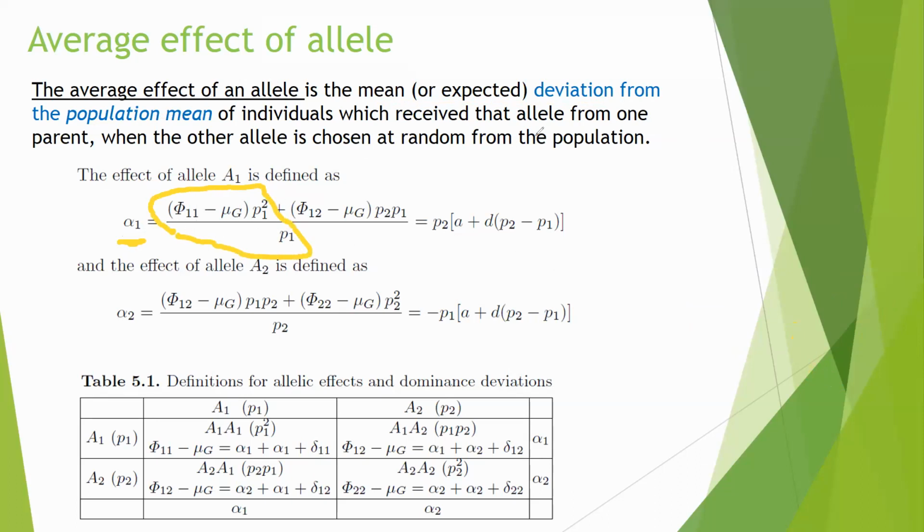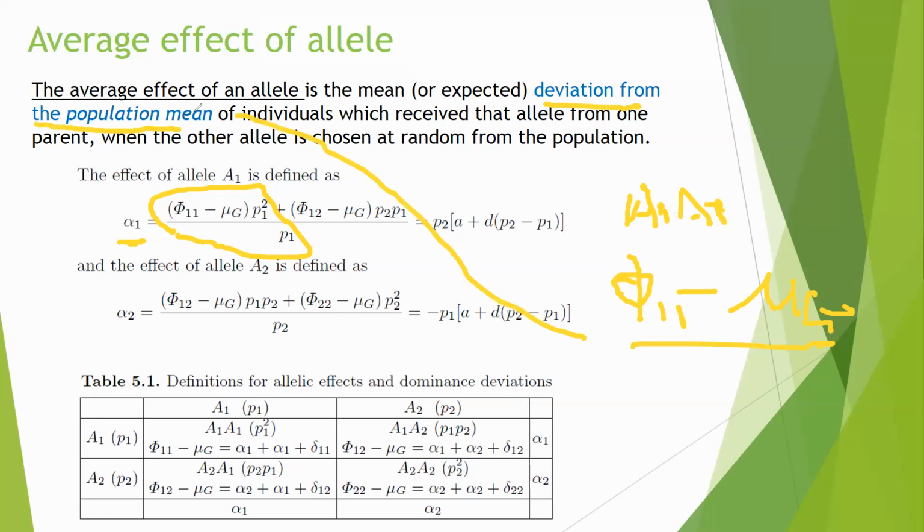This is the genotypic value of A1 A1 as a deviation from the population mean, for genotype A1 and A1, right? So can you follow me? This is important. This is defined as this.